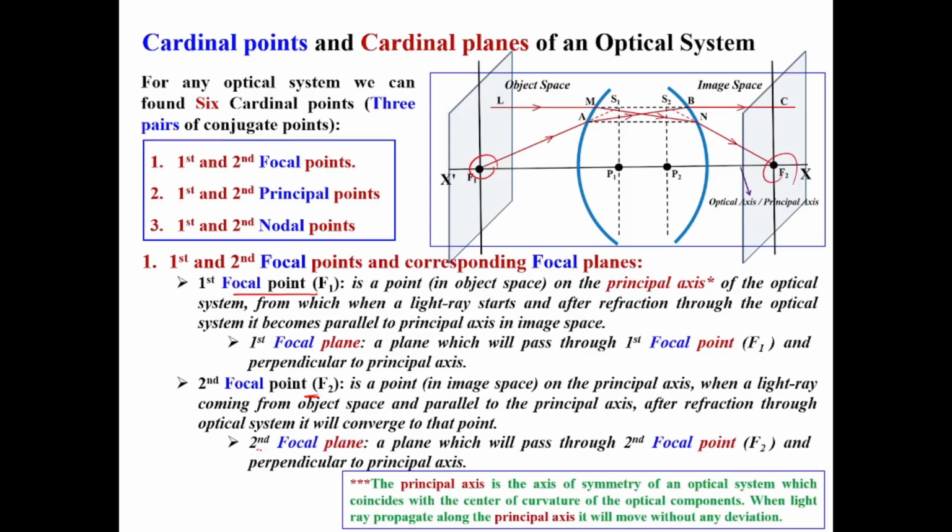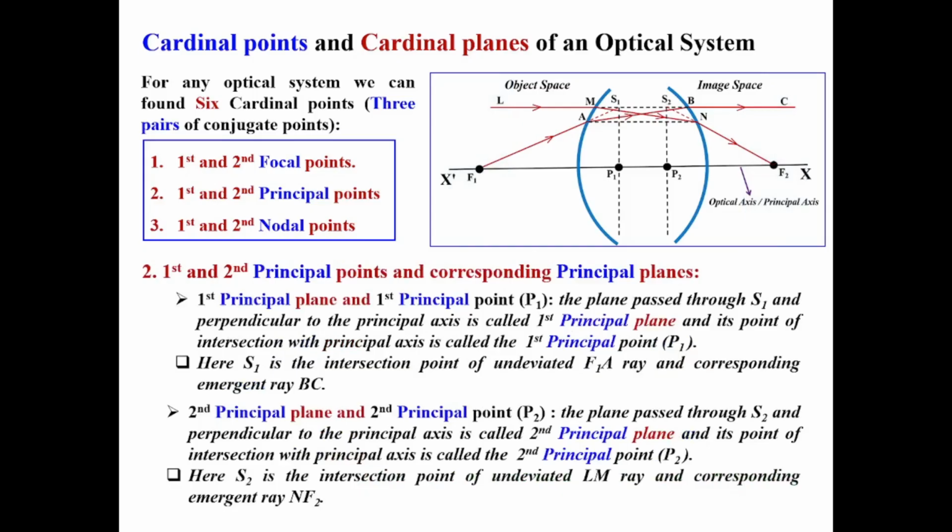Second focal plane: the plane which passes through the second focal point and is perpendicular to the principal axis. This plane passing through f2 and perpendicular to the principal axis is called your second focal plane.